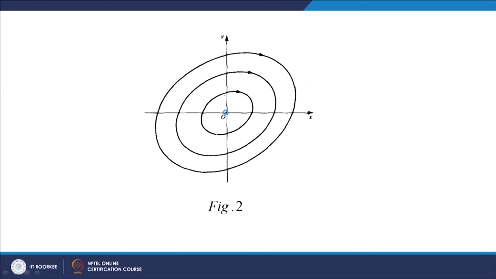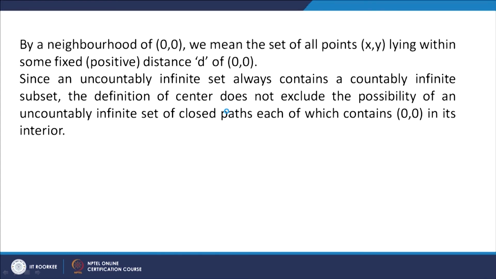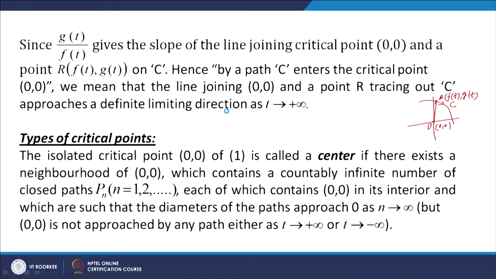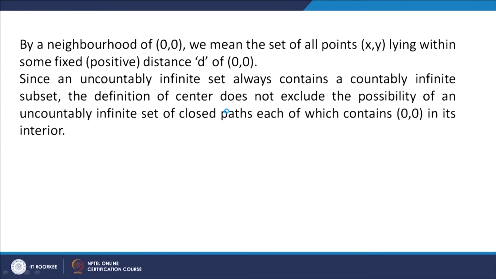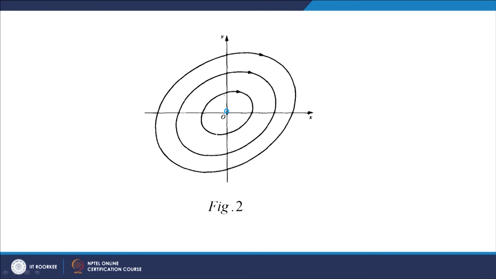The diameters of the paths are going to 0, but no path is approaching (0, 0). So (0, 0) is not approached by any path, either as t goes to plus infinity or t goes to minus infinity. So here (0, 0) is a center.